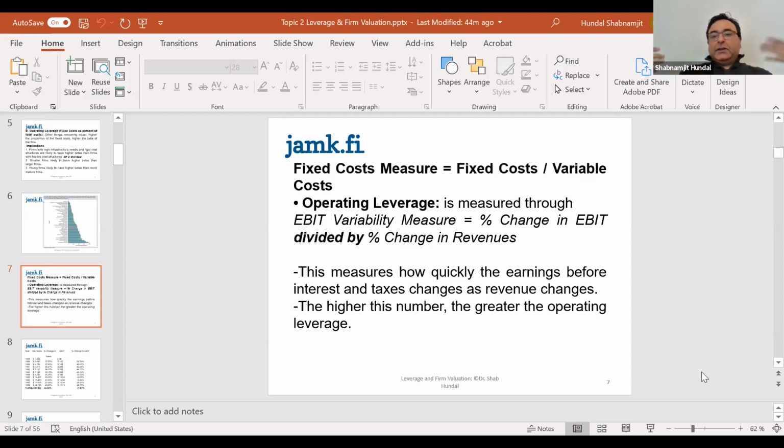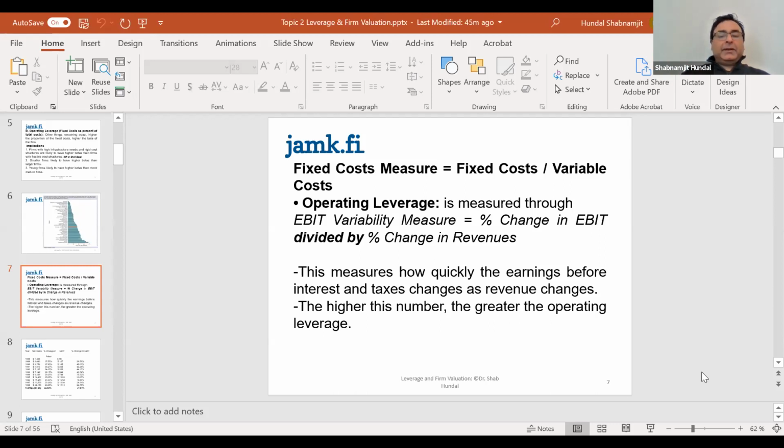Interest is a financial cost, which is not an operational cost, unless you're a bank. If you're a financial institution, then interest is your operating item, because the banking business is based on debt. You get debt, you give debt. So unless you are a financial company, the interest is not a part of your operating profit.